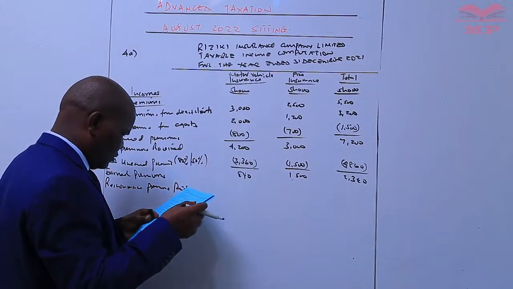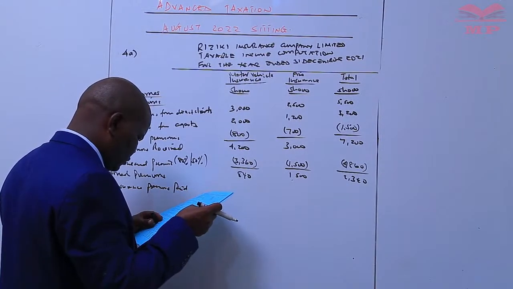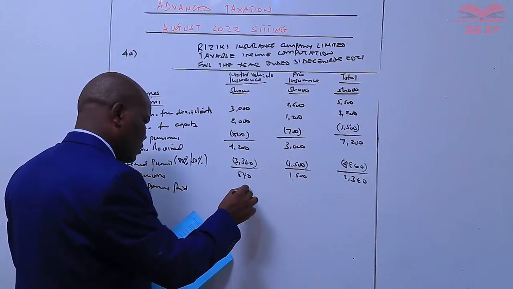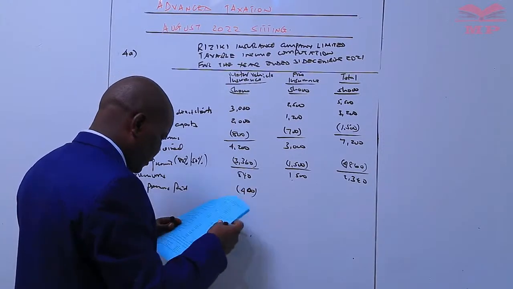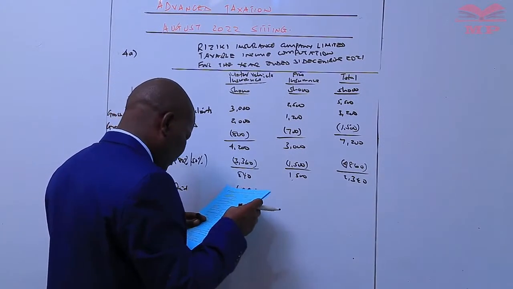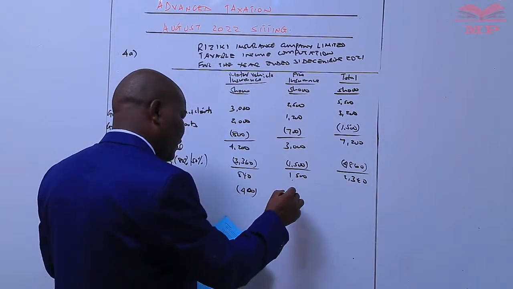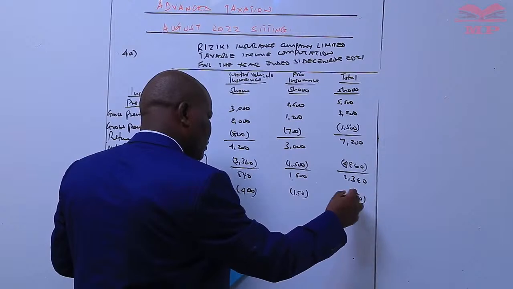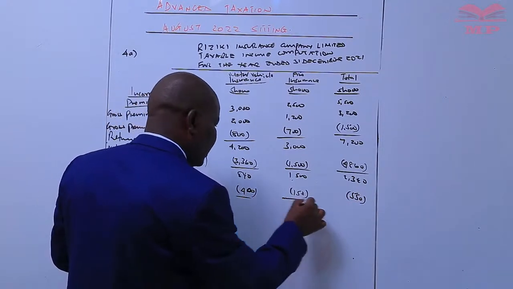For motor vehicle it is 400. For fire it is 150. That is 550. So we get the difference again.